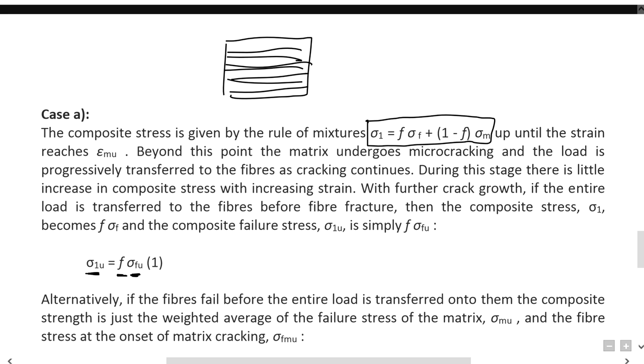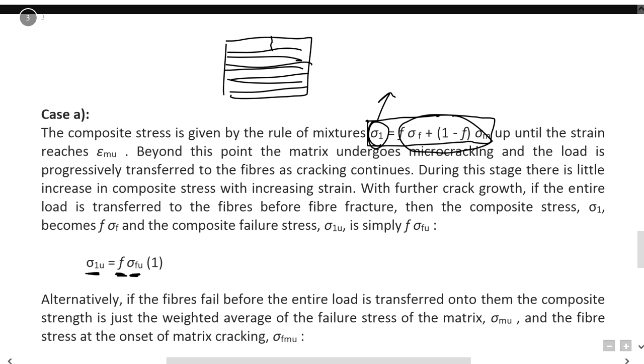But if the matrix has a crack first, then most of the load will be focused on the fiber itself. So at first, the stress it can take is stress 1, which is in terms of this expression.